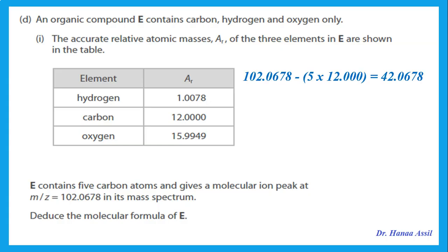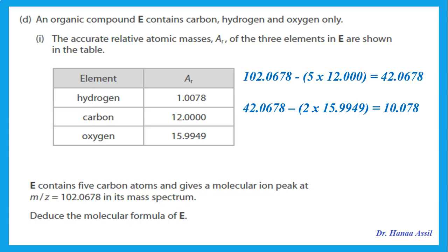So if we say 5 times 12 and subtract it from the total, then I'm left with about 42. So 42 means how many oxygens could I possibly have? Well, if I say only 1, then I would have too many hydrogens. If I say anything more than 2, then I don't have enough hydrogen.